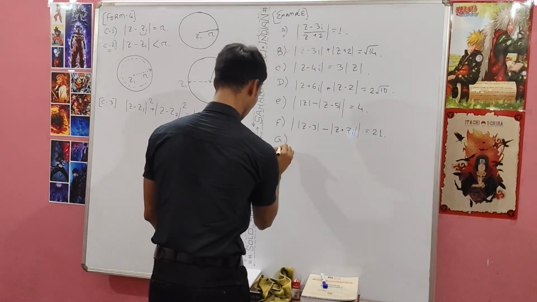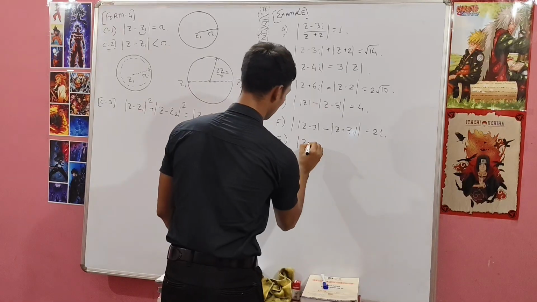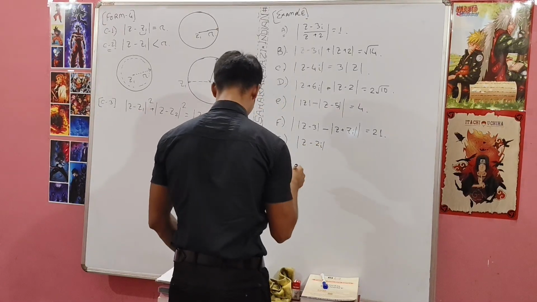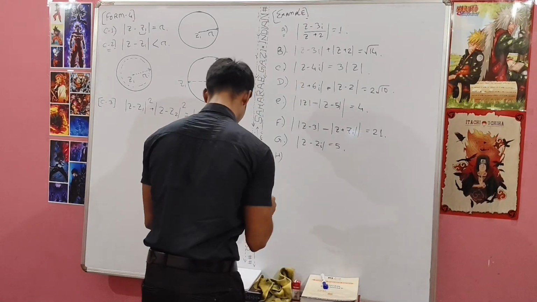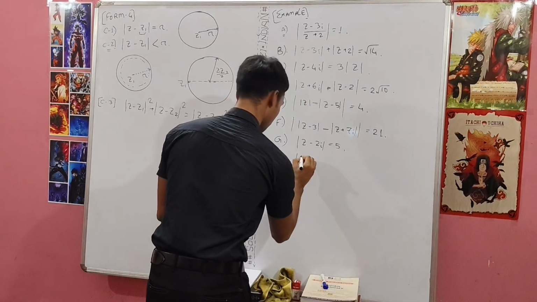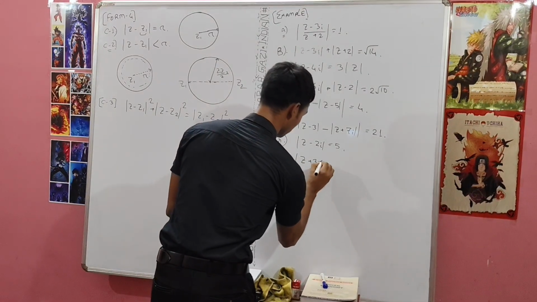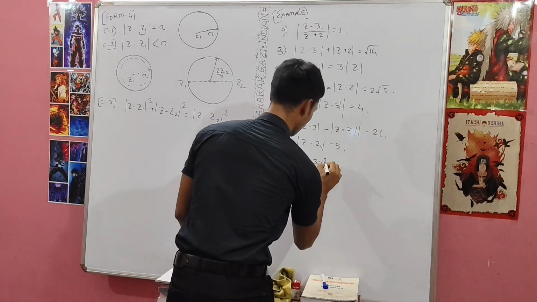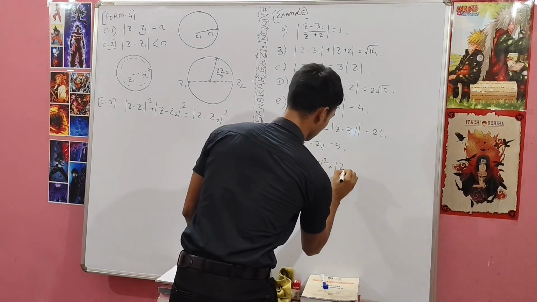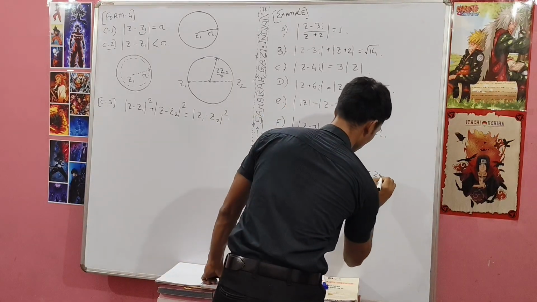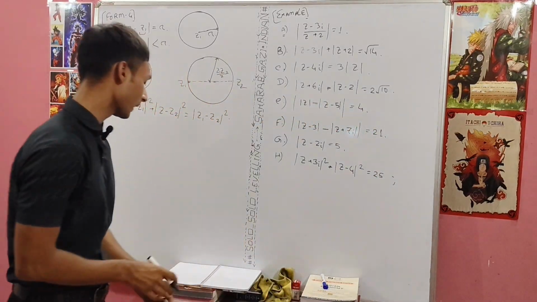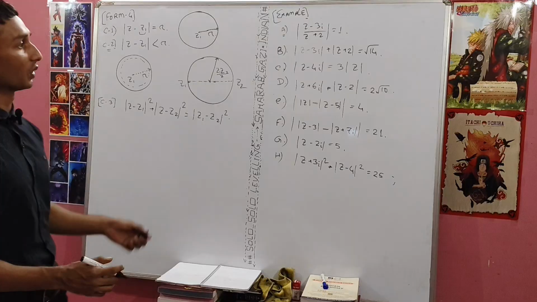Now g is mod of z minus 2i is equal to 5, and now h is mod of z plus 3i whole square plus mod of z minus 4 square is equal to 25. Okay, ये होमवर्क है.